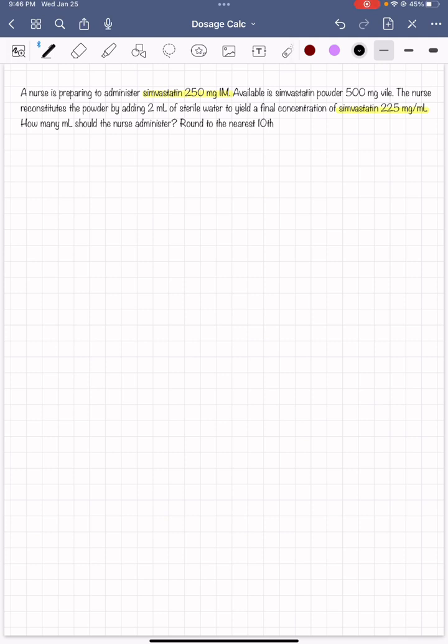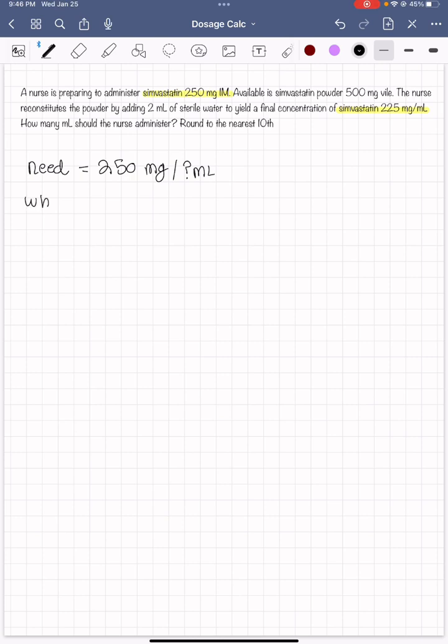So, what do we need? Let's write that down. We need 250 milligrams, but we don't know how many milliliters that is. So we'll put a question mark for the milliliters.